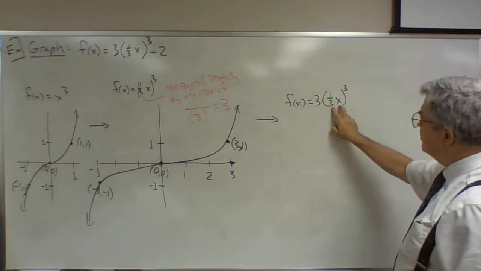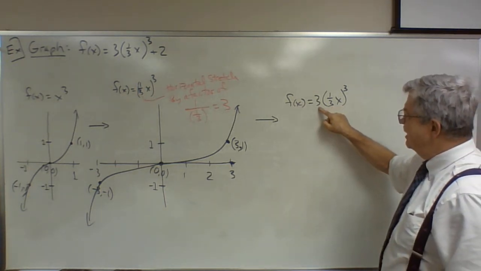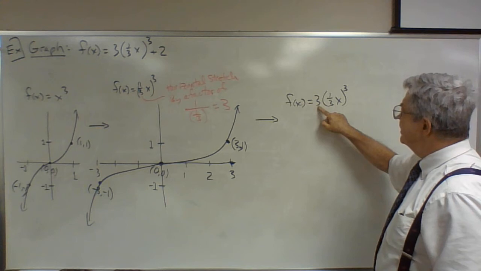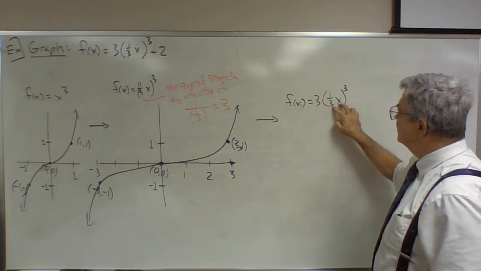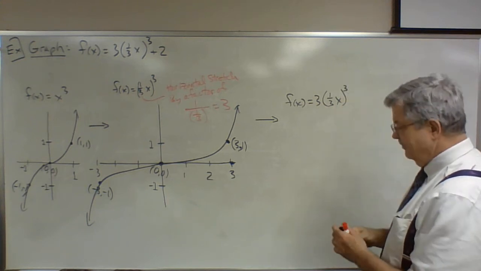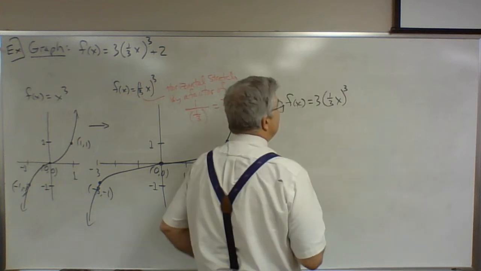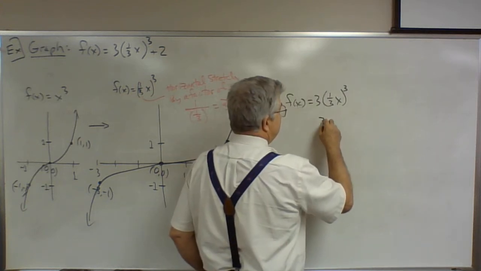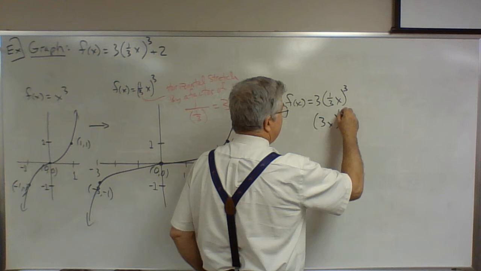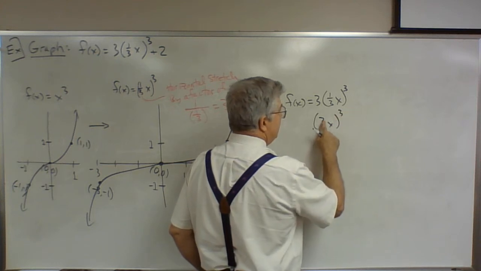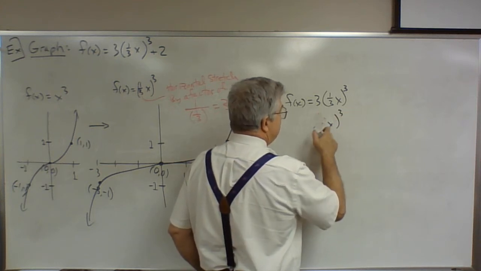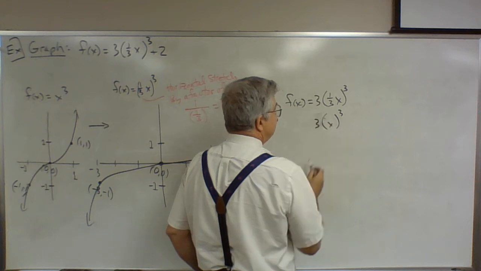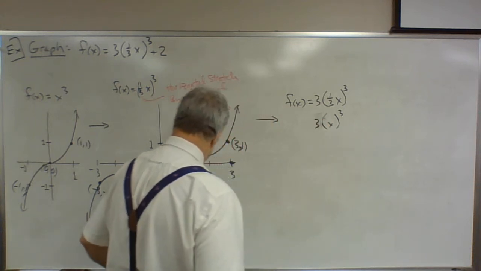We're doing the cubing first, and then we're multiplying by 3. The 3 is not inside the parentheses here. If we had the 3 inside like this, then it would be horizontal. But we have the 3 outside the parentheses, it's going to be vertical.